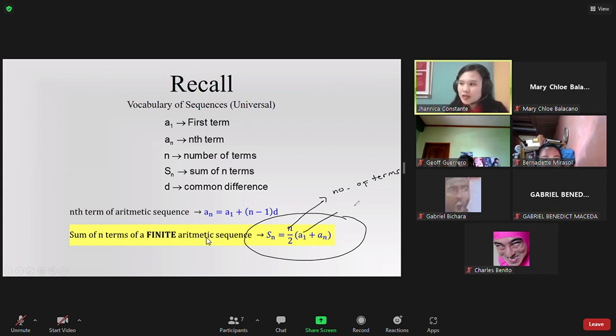a sub 1 stands for the first term, and an stands for the nth term. And Sn stands for the sum of terms.